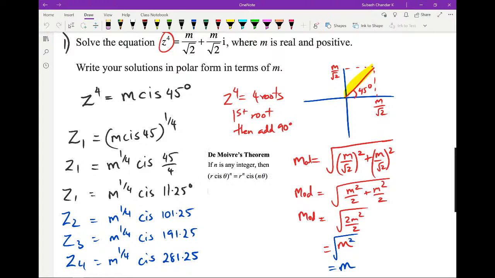There we go. So because I want to find one root, that's why I got to go to the power of a quarter. No worries, TS. You're welcome, man.